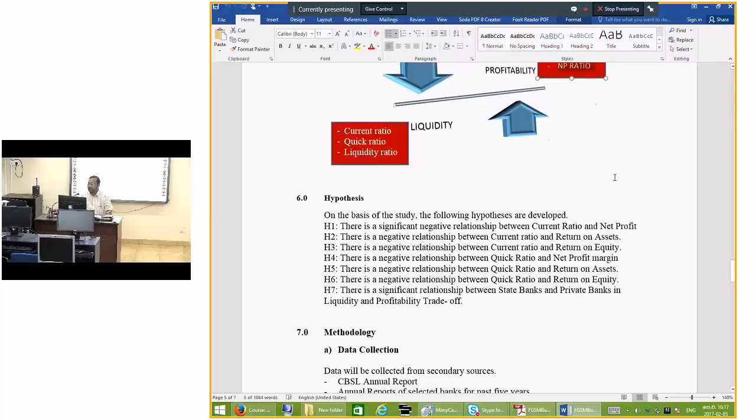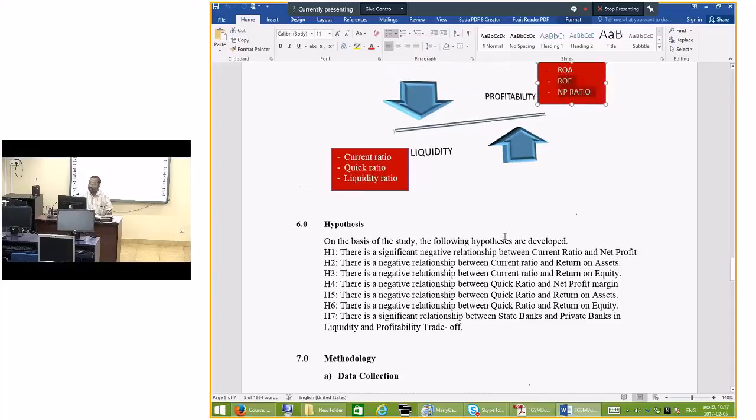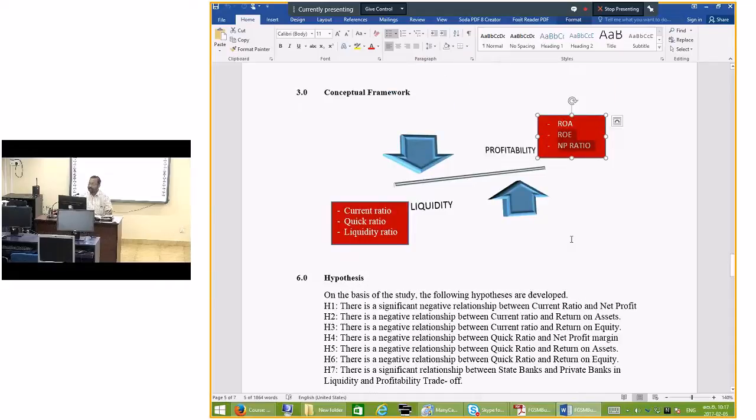Then you check those nine hypotheses and you may be in trouble, because you always say negative relationship, nine negative. When analyzing, if you find the current ratio with all three negative, it is clear.